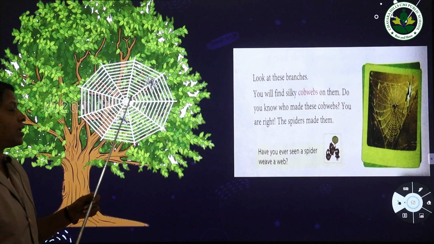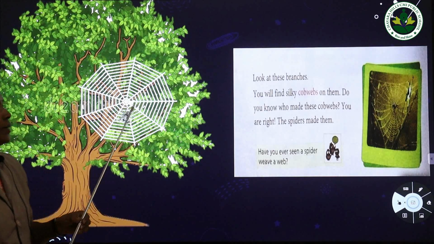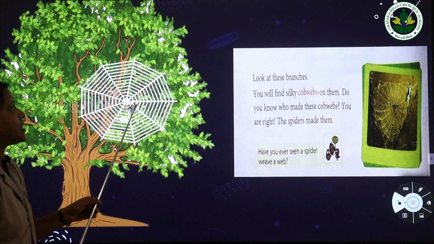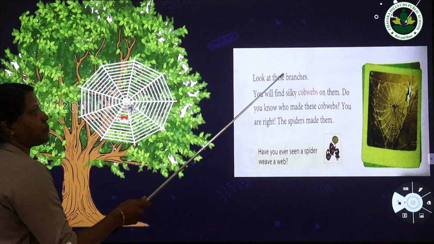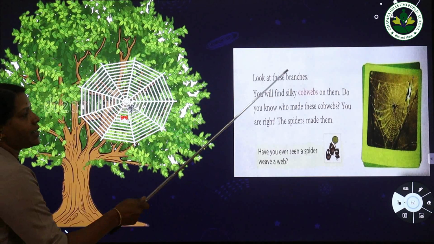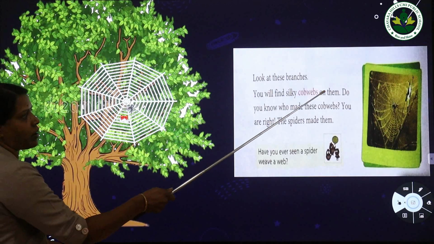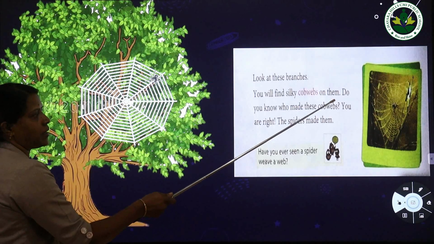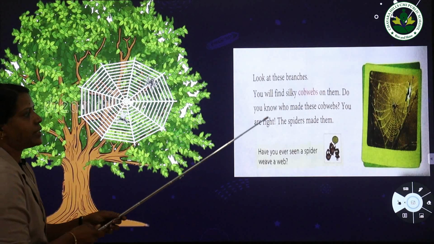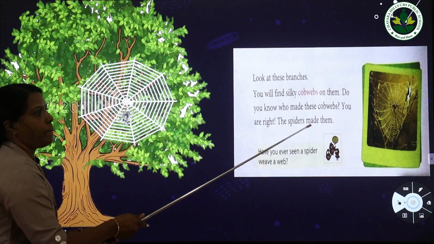So what is this? Cobweb. This is a silky cobweb. So look at these branches. You will find silky cobwebs on them. Do you know who made these cobwebs? Okay, you are right. The spiders made them.